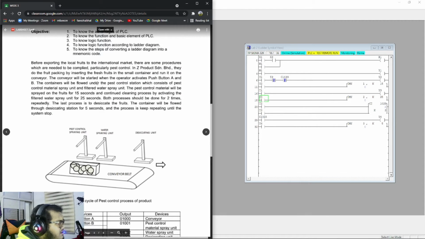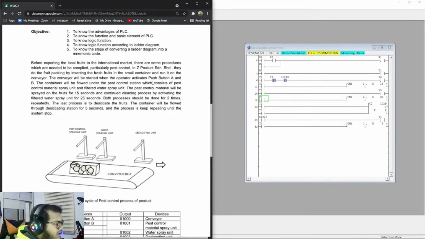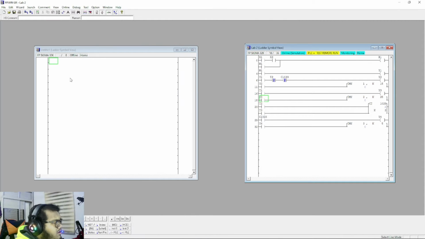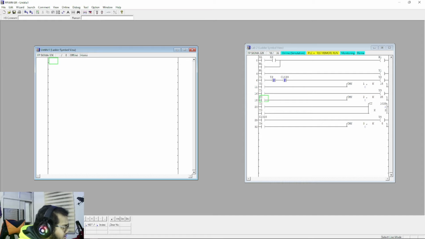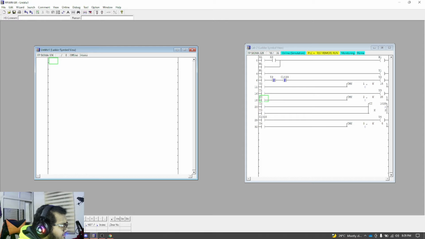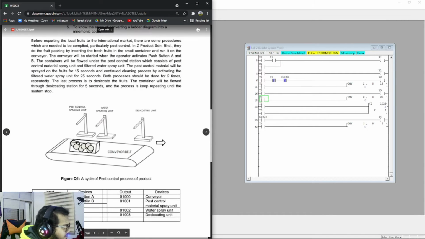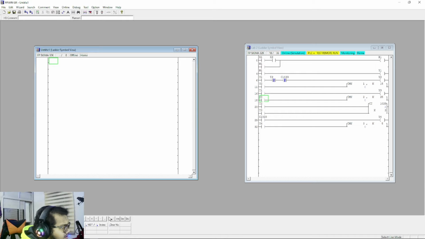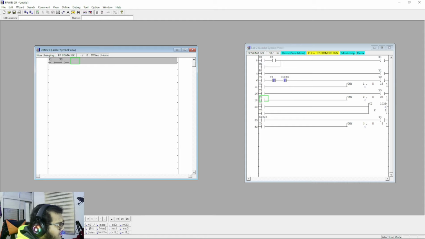This states the conveyor will be started when the operator activates push buttons A and B. So we put the input X1 for button A, and also X2 for button B, and put the relay on it, R1, relay 1.